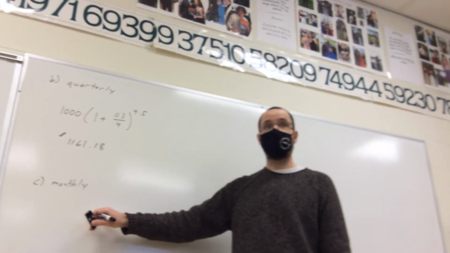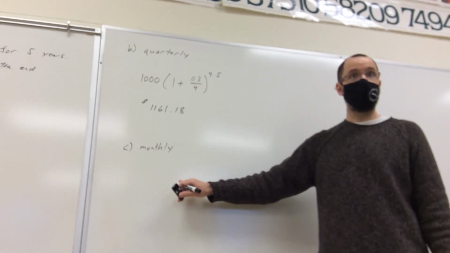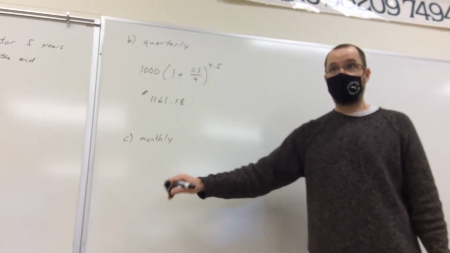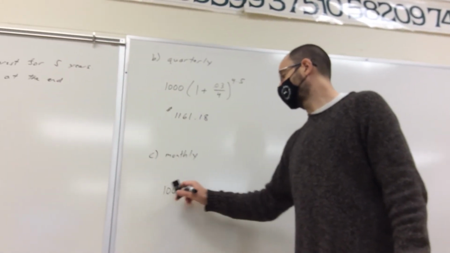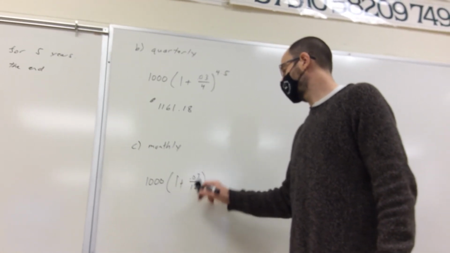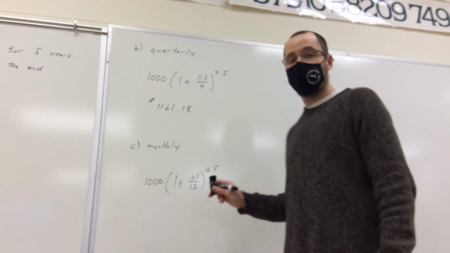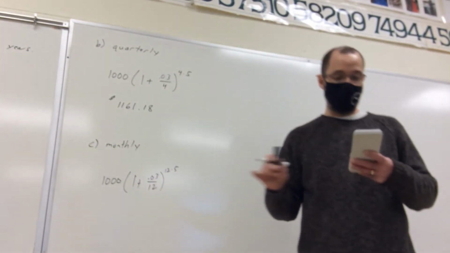But in this problem, you're going to have more than $1,000 during month number 2, and then you're earning interest on that during month number 2. So it's 1,000 times 1 plus 0.03 over 12, to the 12 times 5, because monthly would be 12 times a year.